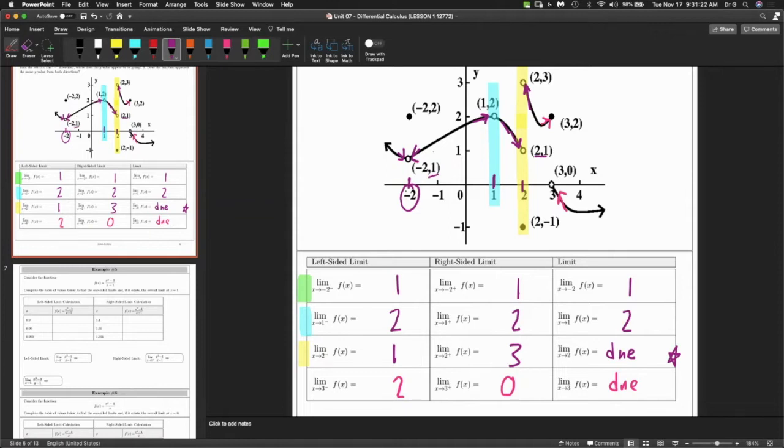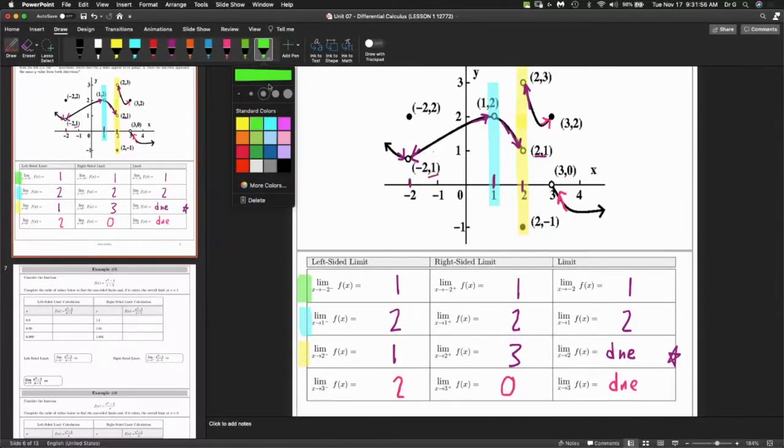Because if you think of it like a number line, this is -2. Where is left of -2? It's over here. So as you come up from this way, what is the y value heading toward? That's what you're asking. So what we've covered up to this point is what's called graphical limits.